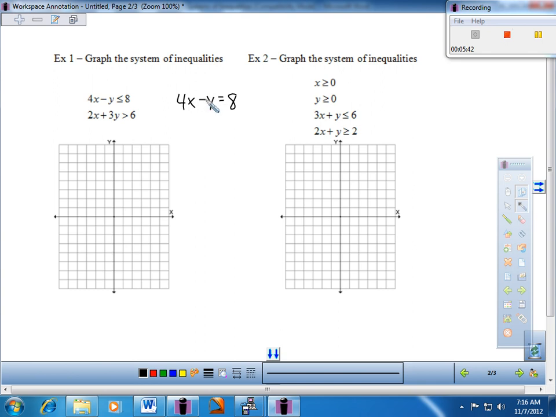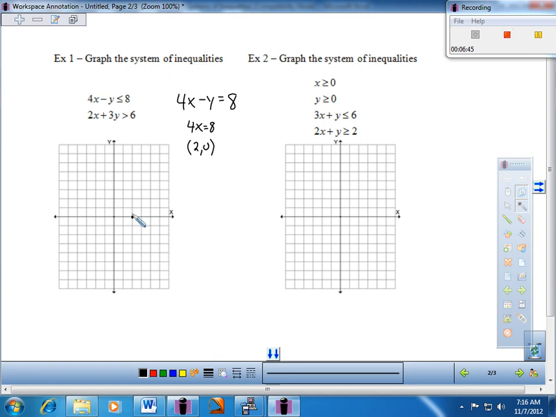When I cover that up, I just end up getting 4x equals 8, and so x equals 2. So one of the points on that boundary line, very quickly, is (2, 0). The x-intercept is 2. When you get an opportunity, can you give me a point right at (2, 0)? Again, hold your hand over the y term and solve for x.